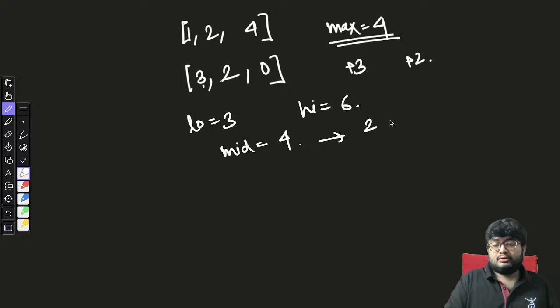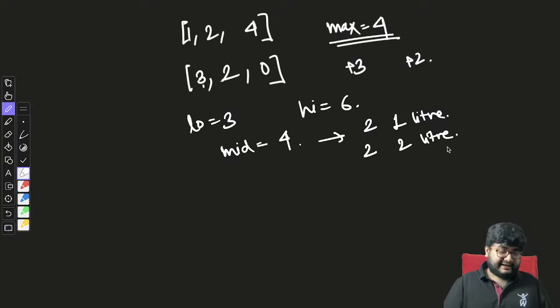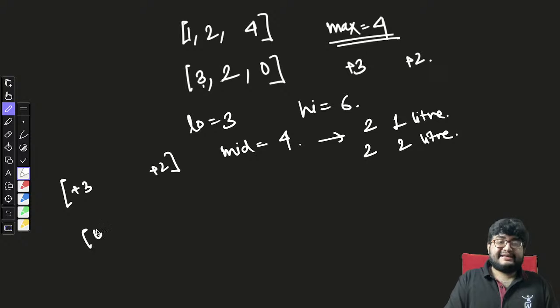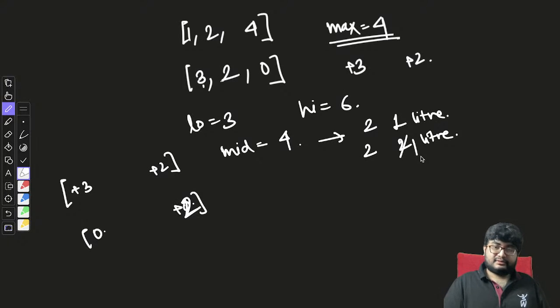We have 2 1 liter moves and 2 2 liter moves, right? Will this be enough? Let's see. We have to make plus 3 here, we have to make plus 2 here. Initially here we have 0 and 0. So we take a 2 liter move and we make it plus 2. So this is satisfied, and the number of 2 liter moves left is 1.